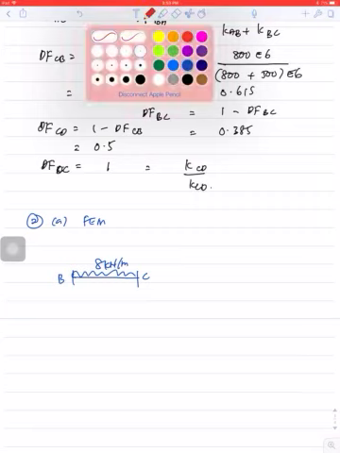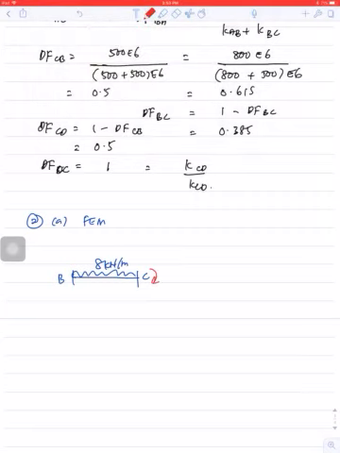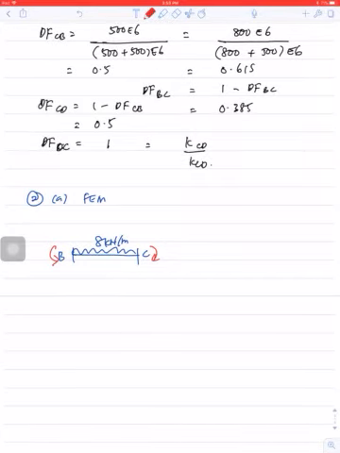So the moment is WL squared over 12, and this is also WL squared over 12, and the length is 6 meter.